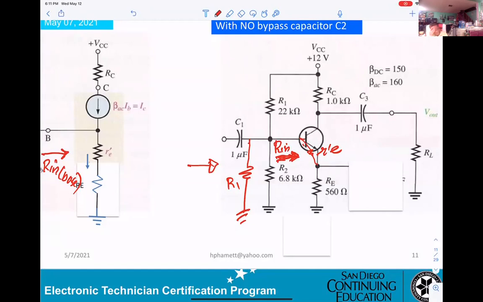Looking from the base, divided by RC, nothing to do with RC, right? That's the output impedance, not input impedance.